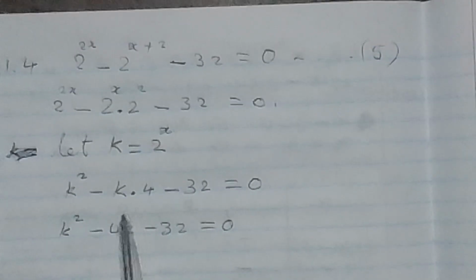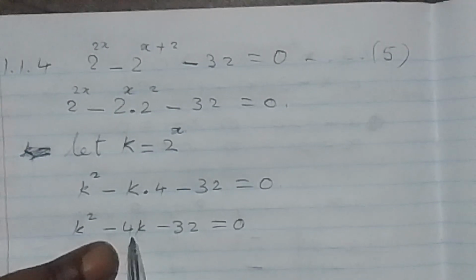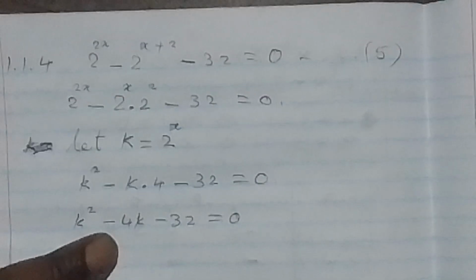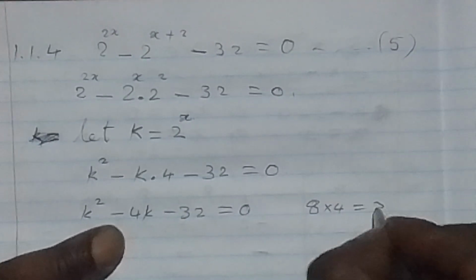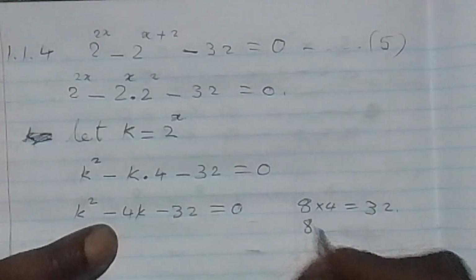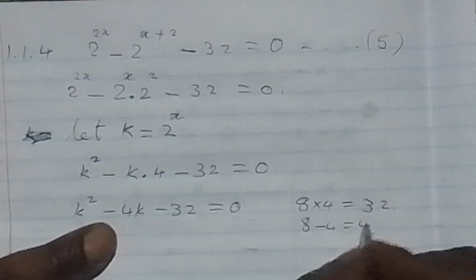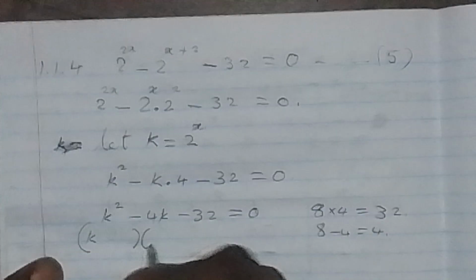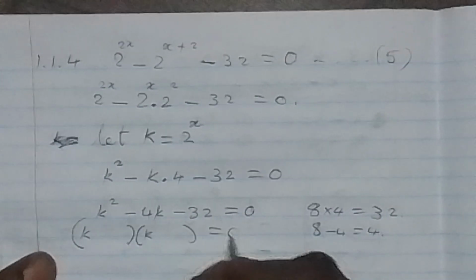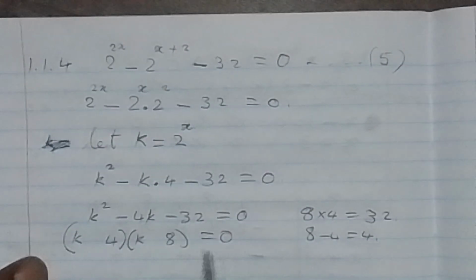Now we're looking for the factors of 32. When we add or subtract them, we get the middle term, which is 8 times 4 is 32, 8 minus 4 is 4. Then it qualifies. It's 8 and 4. Now we come to the sign.